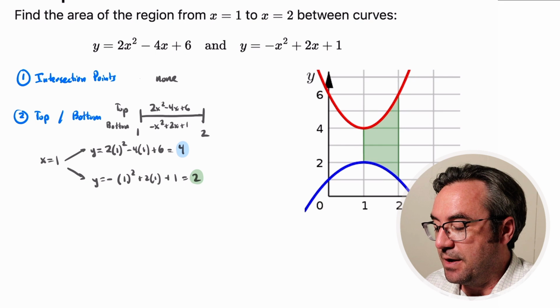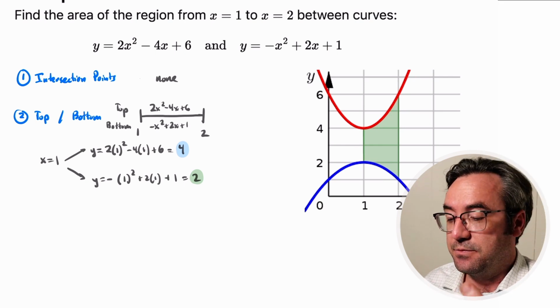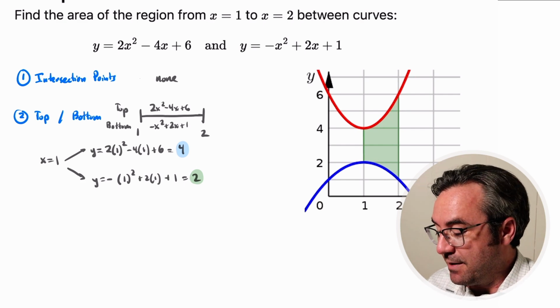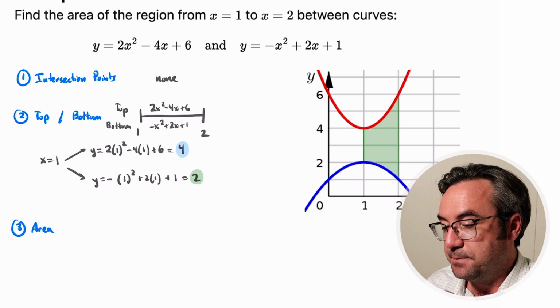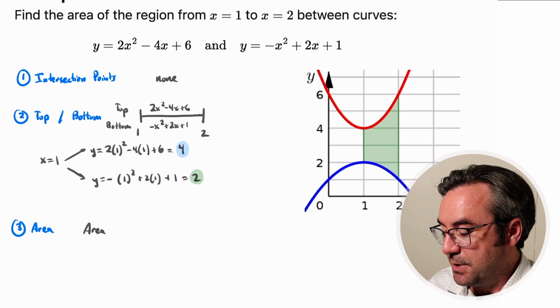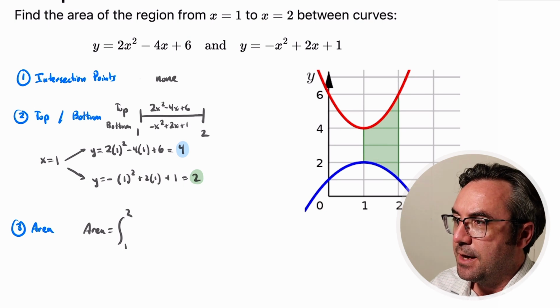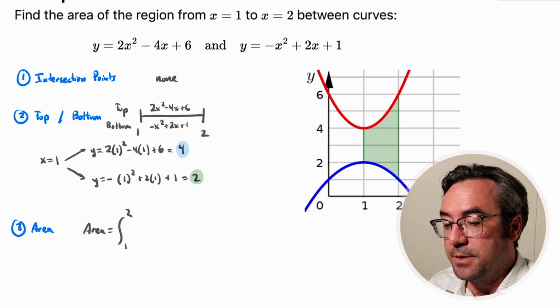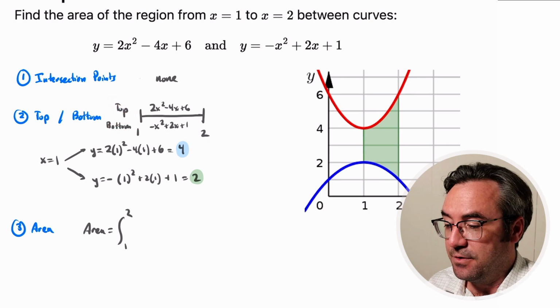So we just want to identify which curve is the top function, which is the bottom function. So once we have that all nice and settled, then we're ready to do the area. So our area calculation is going to be the integral from 1 to 2. And when we set up our formula, it's the top function minus the bottom function.